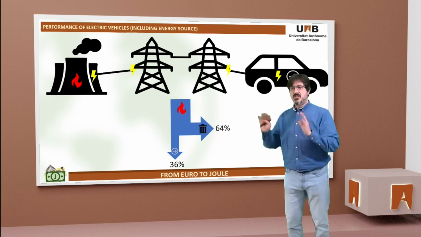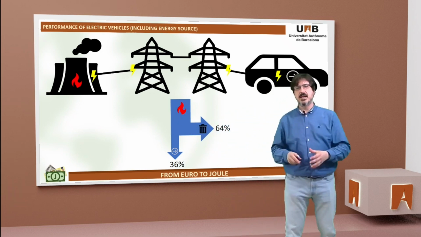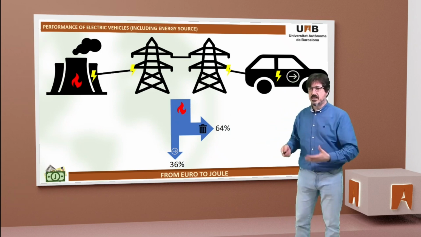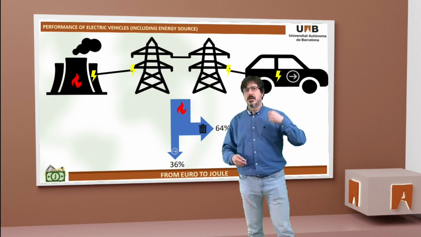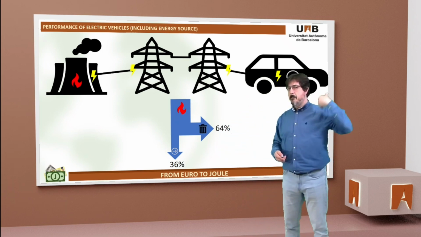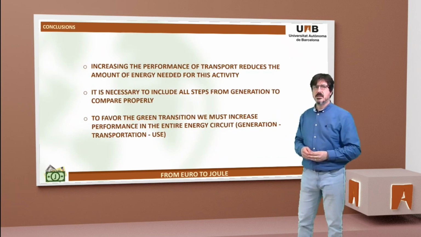No, just in the case that we are using fossil fuel plants, the performance will be more or less the same. But obviously, an electric car charged with renewable energy will be much better than internal combustion vehicles.